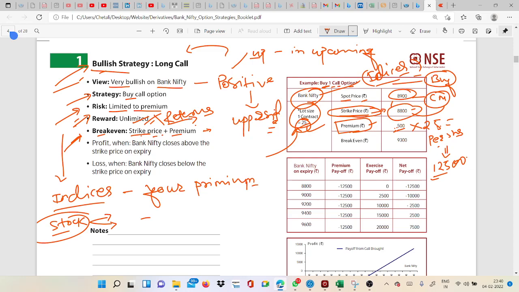This should be the total premium which is required to purchase one lot of Bank Nifty. Okay, and the break even point, so here.